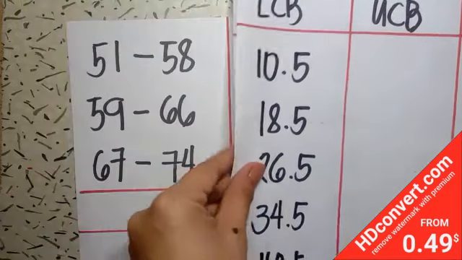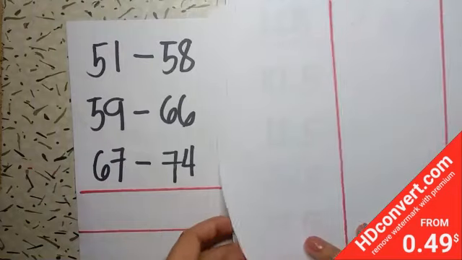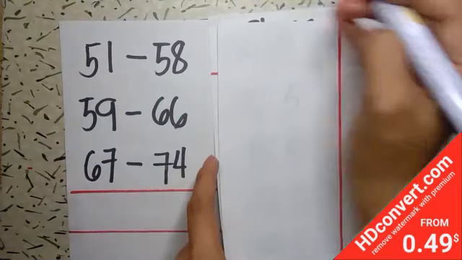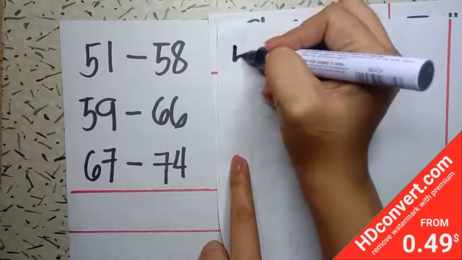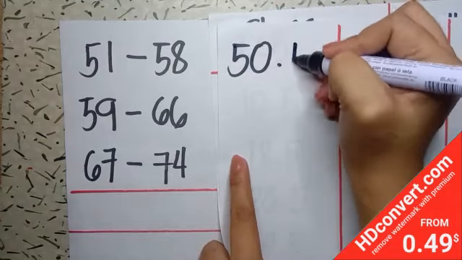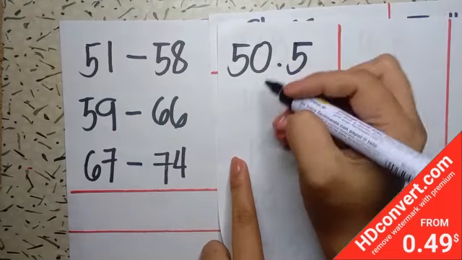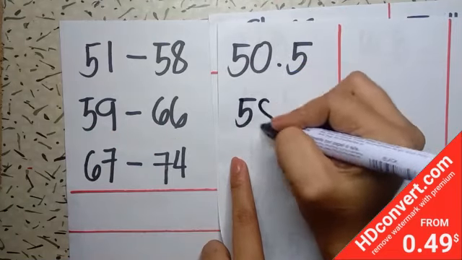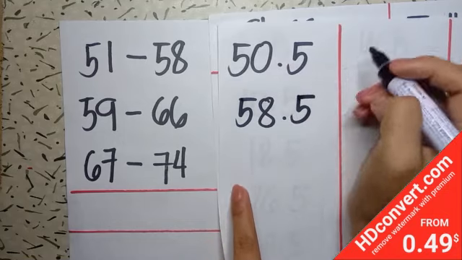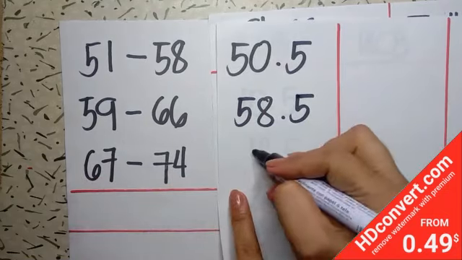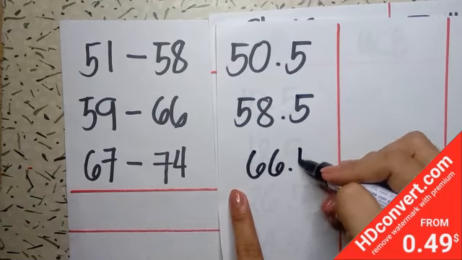Then yung sa next, 51 minus 0.5 ay 50.5. Next, 59 minus 0.5, 58.5. Next, 67 minus 0.5, 66.5.